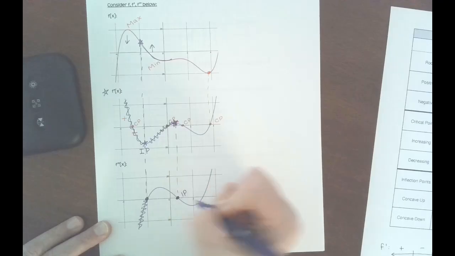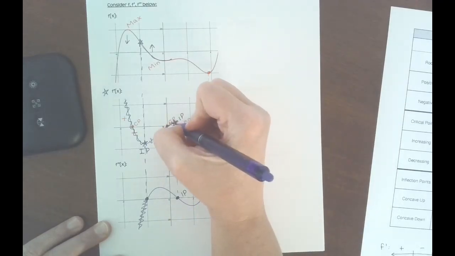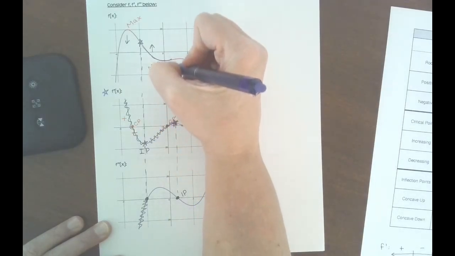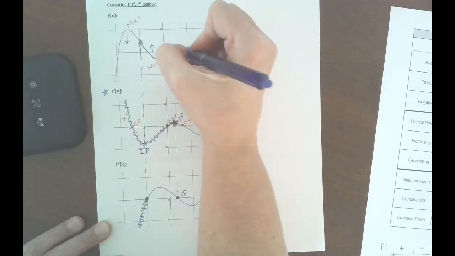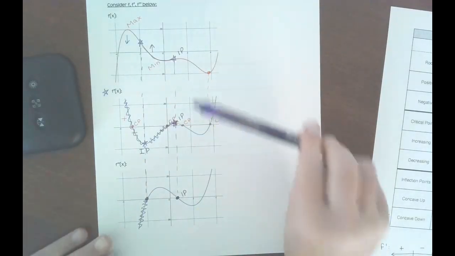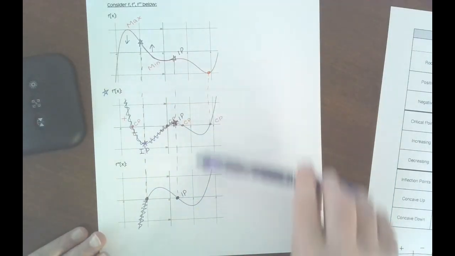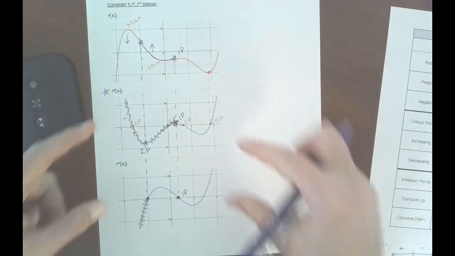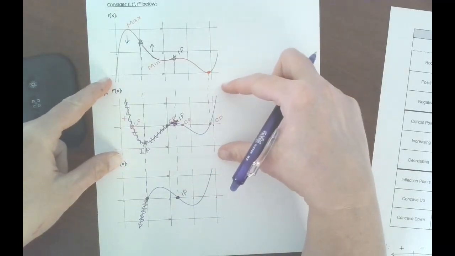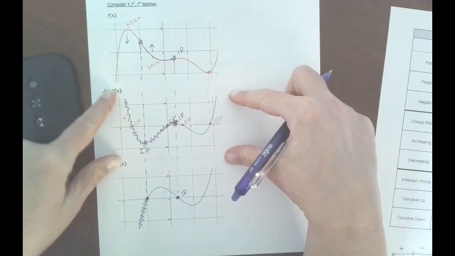That's your inflection point. This is your inflection point. And if I head up here with this one, this is my inflection point. Okay? So you can see how those things show up on all of the graphs as you look at them, but this is always where you're starting. This is always what you're looking at first.